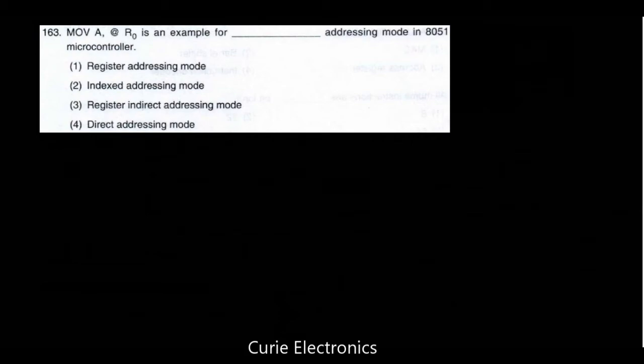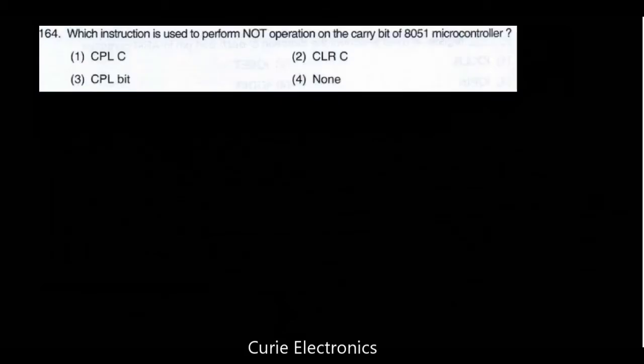This is register indirect addressing mode. Question number 164. Which instruction is used to perform NOT operation on the carry bit of 8051 microcontroller? That is CPL C, complement the carry bit.